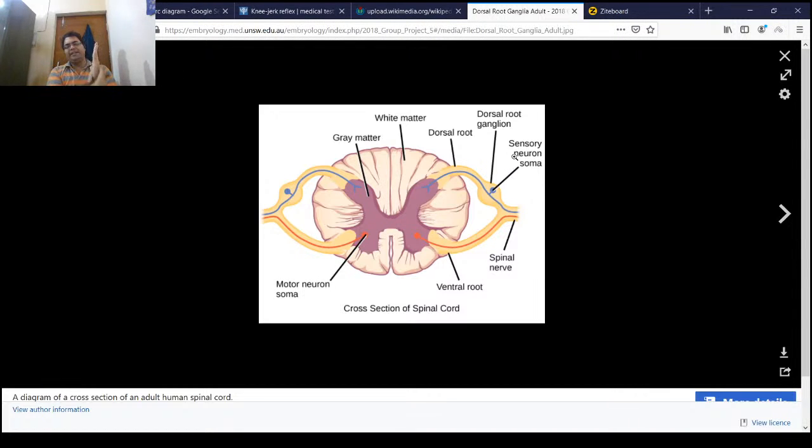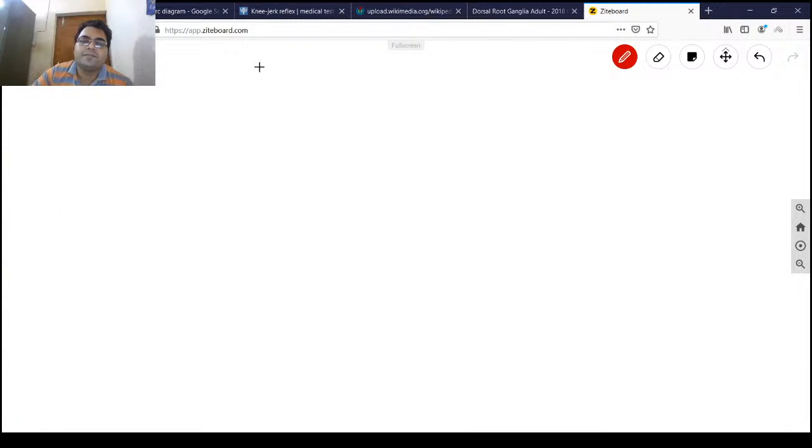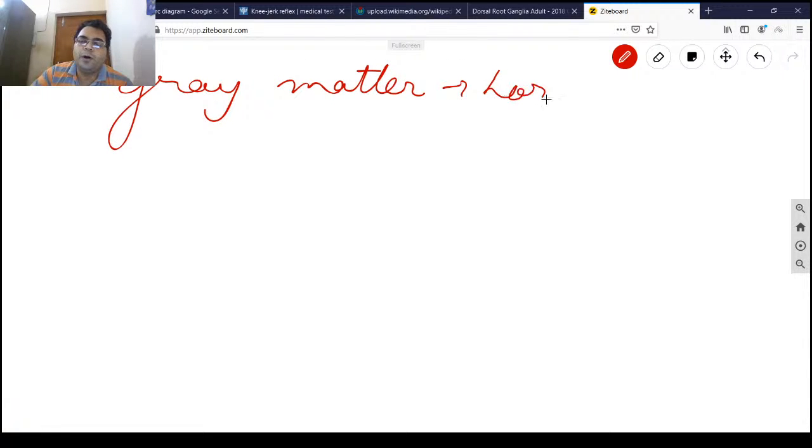Gray matter is referred to as horn in case of spinal cord.